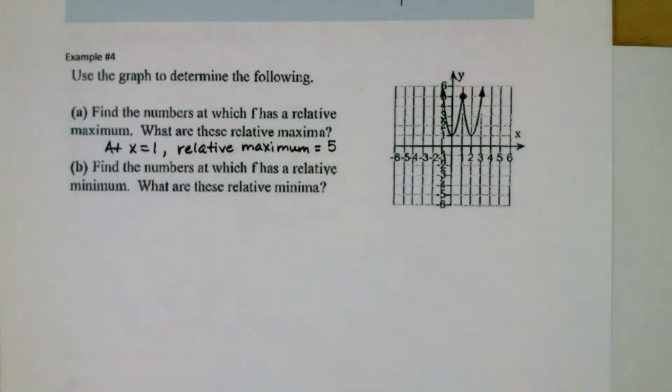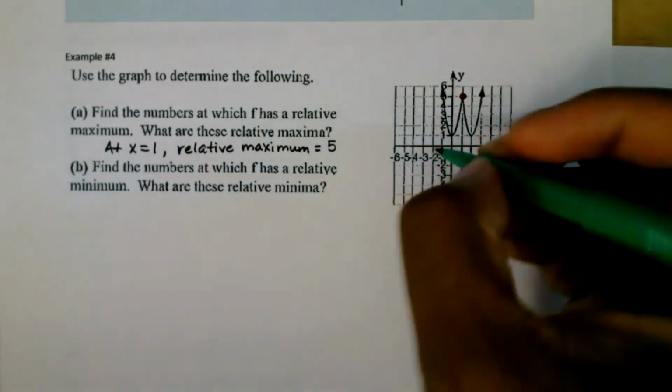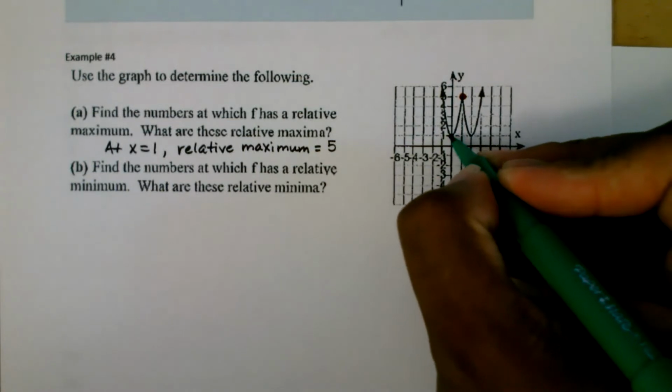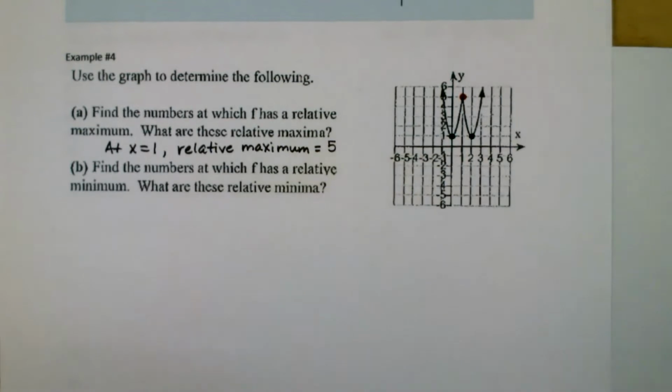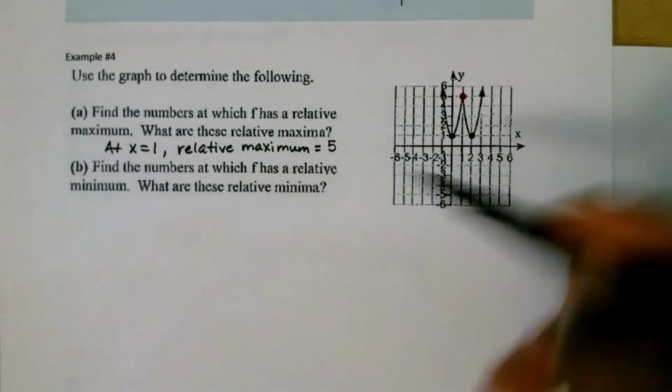Now, part B, find the numbers at which f has a relative minimum. And what are these relative minima? Those are the lowest points on this graph. I've got the lowest point here and here. Notice I've got 2 relative minima. Where do they occur?